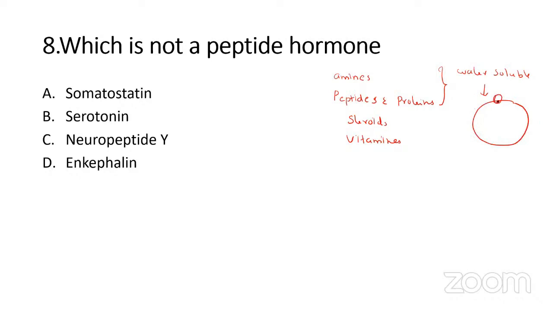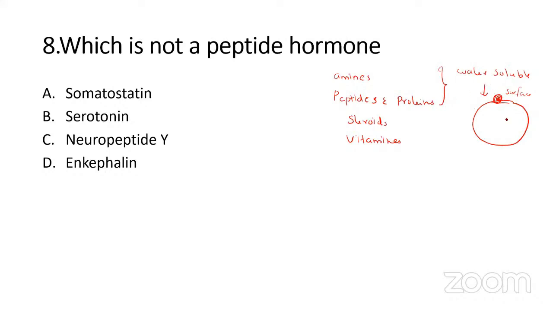They act on surface receptors of the cell. They can act on G protein coupled receptors and other receptors. But they cannot cross the cell membrane. So amines, peptides and proteins act only on the surface.